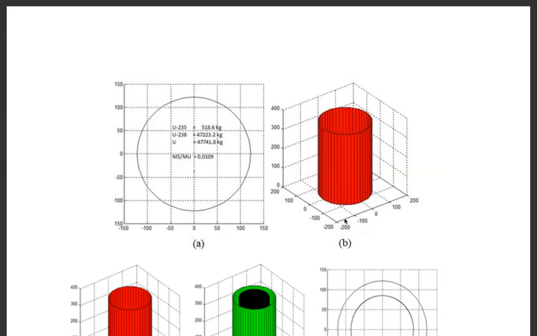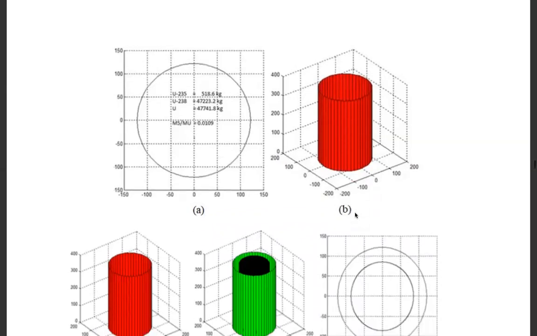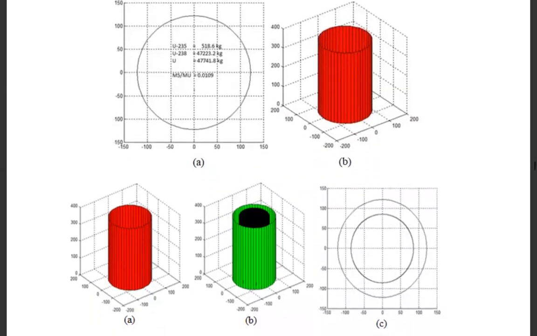And if you look at the diameter, I forget, okay, here's the diameter. It's about 120 centimeters is the radius. So the diameter is about 2.4 meters, and the height is about 2.7 meters.